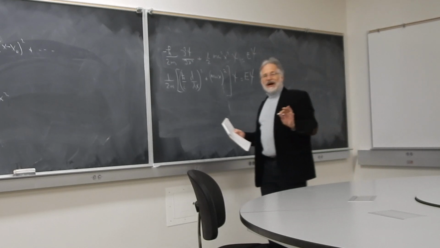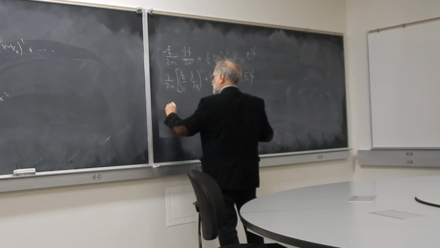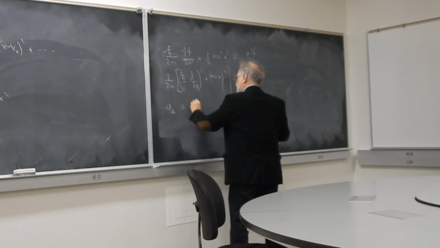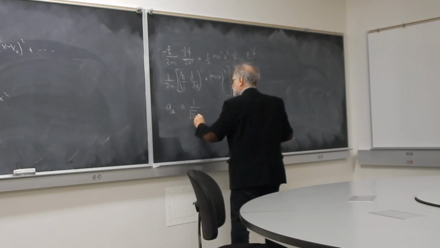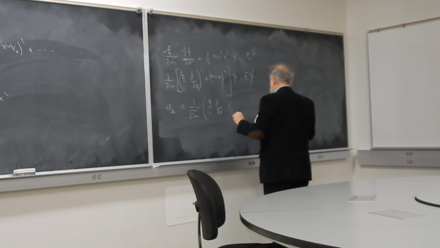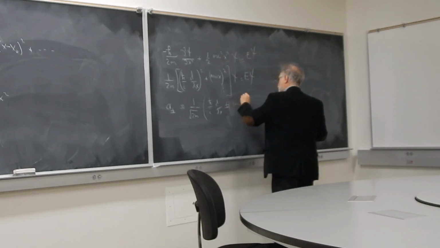Now I'm going to define two operators, A plus and A minus, and I'm going to define them by 1 over the square root of 2m times h bar over i d dx plus or minus i m omega x.